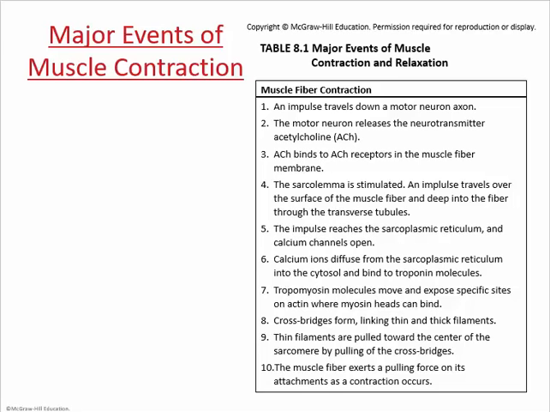When that impulse reaches the sarcoplasmic reticulum, calcium channels open, and calcium ions diffuse, facilitated diffusion, from the sarcoplasmic reticulum into the cytoplasm and bind to the troponin. The tropomyosin gets pulled off the binding site, exposing the binding site. Cross bridges form, and then contraction occurs.